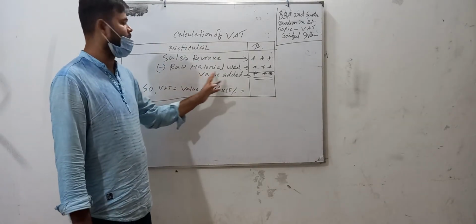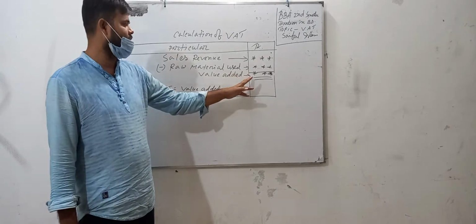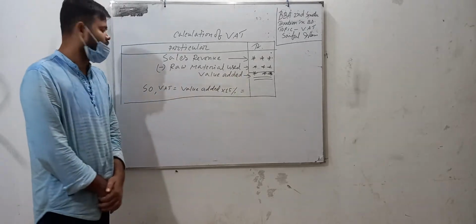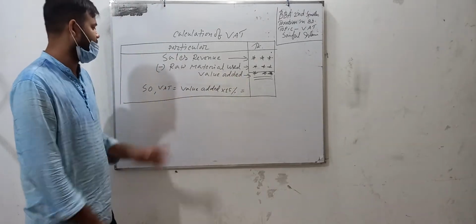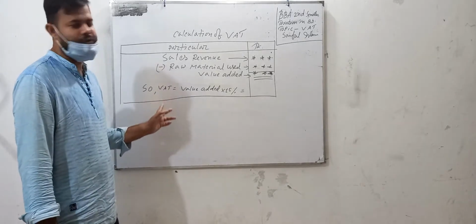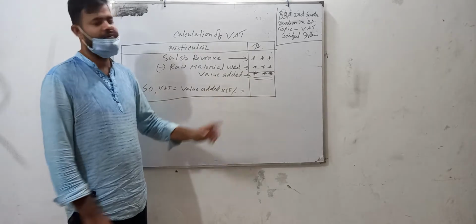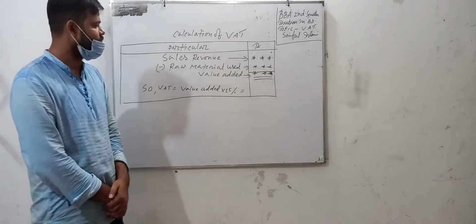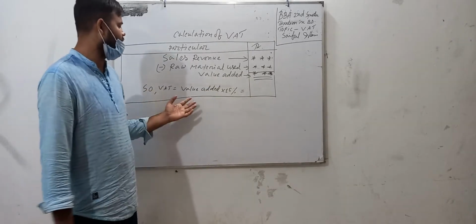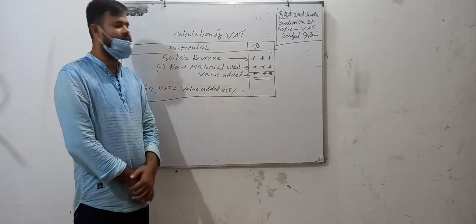When we get the value added amount, then we calculate VAT. How? Value added figure into 15%, and the result is VAT.